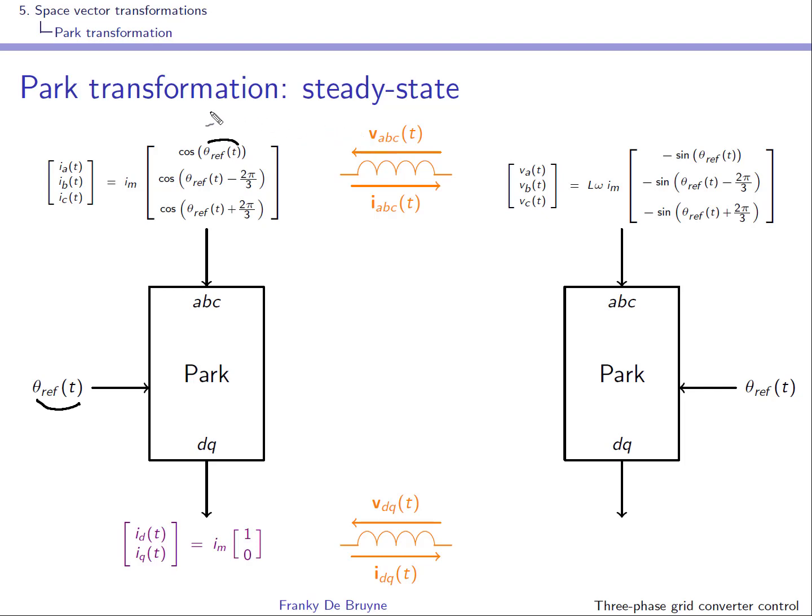So you have here theta is equal to theta ref, so phi is equal to 0, with phi defined as in the previous slide. So without surprise, after Park transformation we have only a d component in our current and the q component is equal to 0.